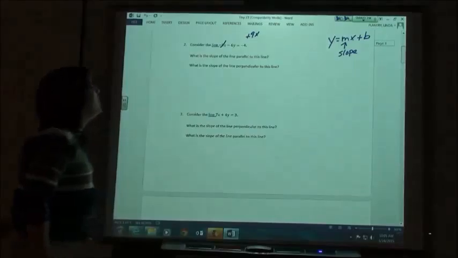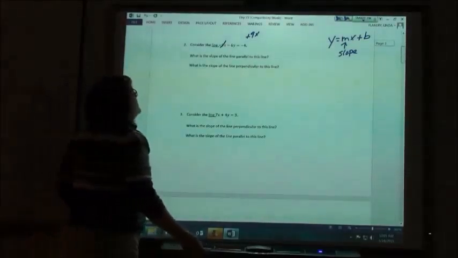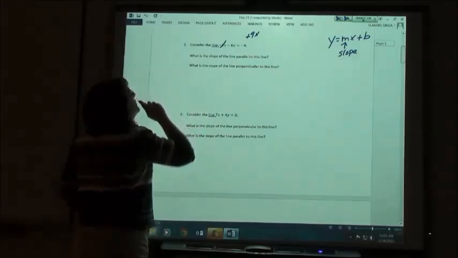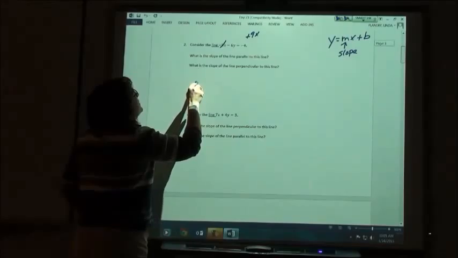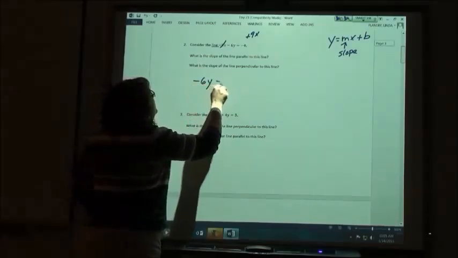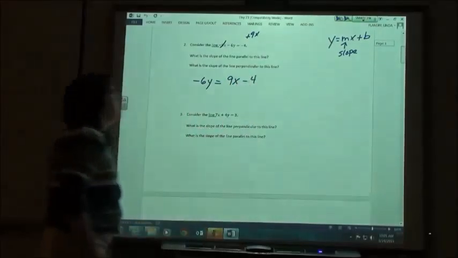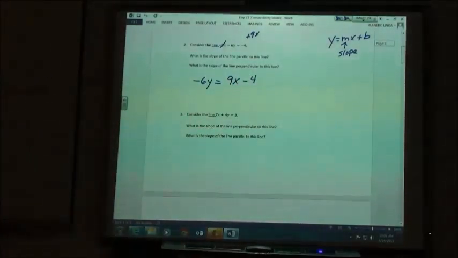Okay, so then the equation's going to say negative 6y equals 9x minus 4.